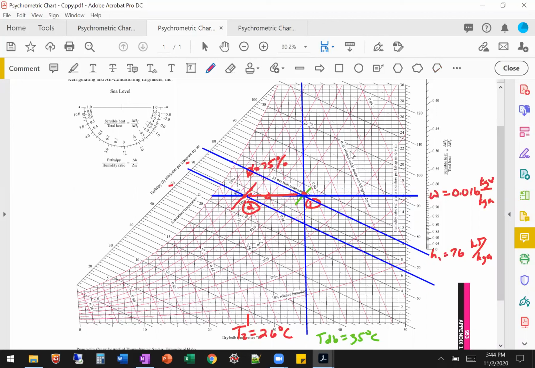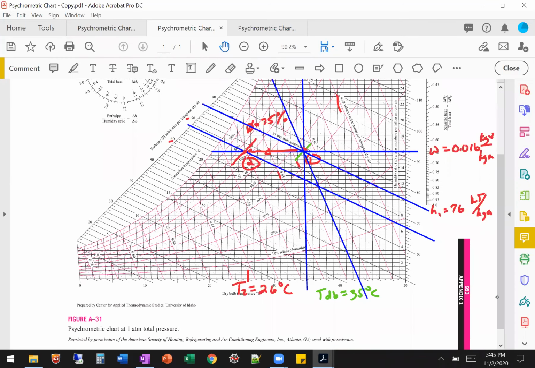Okay, so that's our steep slope lines here. So there would be our specific volume for state 1, which you got about 0.895, since here's 0.88, here would be 0.89, so it looks like it's kind of in the middle. So you have 0.895.